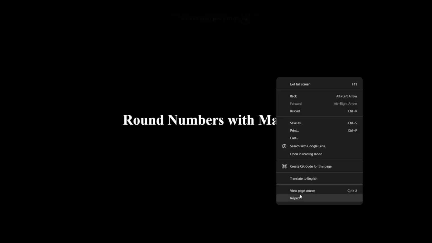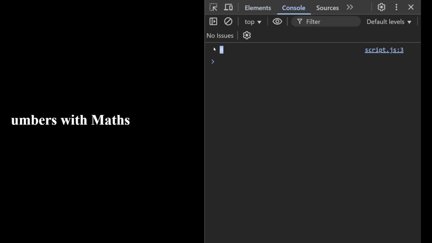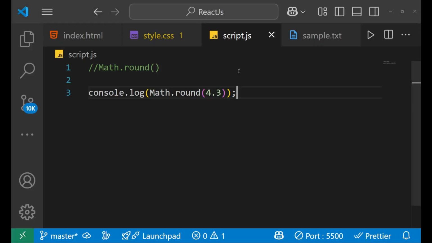Let's go to the inspect and check the console. You can see I'm getting this 4. Why 4? Well, here the rounding is done based on 0.5. If the number is less than 0.5, it will get rounded off in the downward side, that is 4.